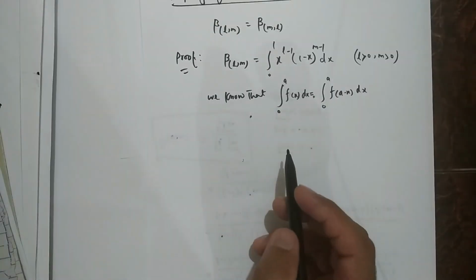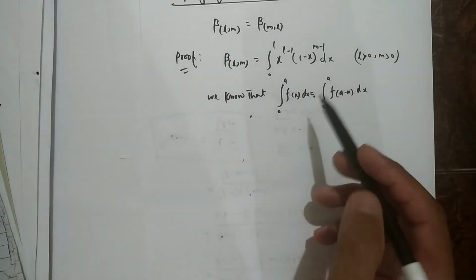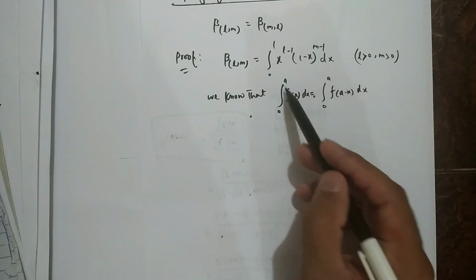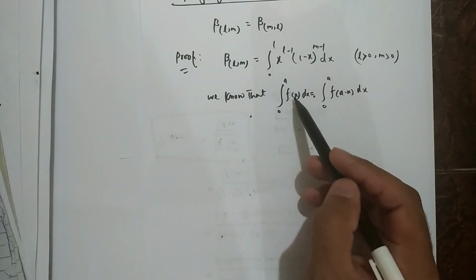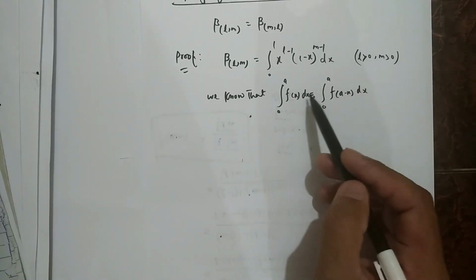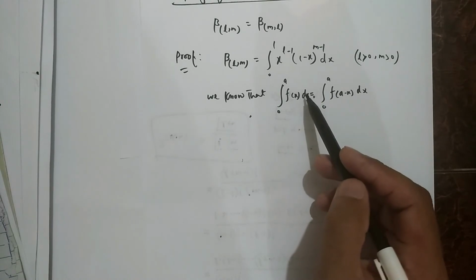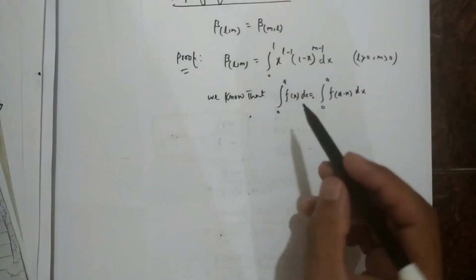This is a property of definite integrals. That means if we replace x in the integral by a minus x, there will be no change in the result of the integral.